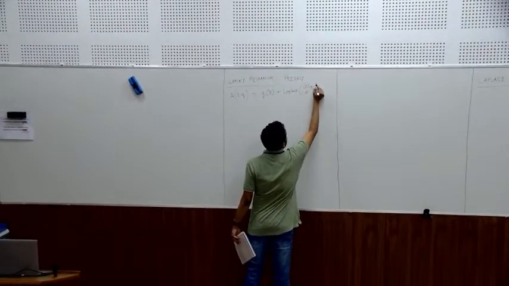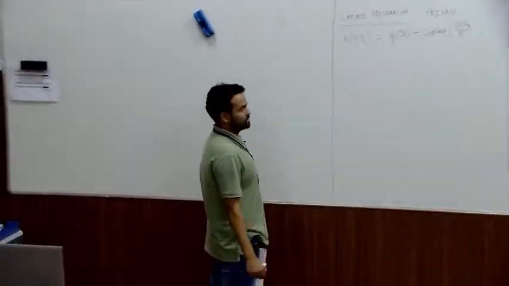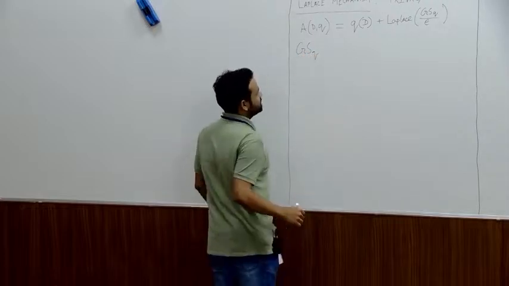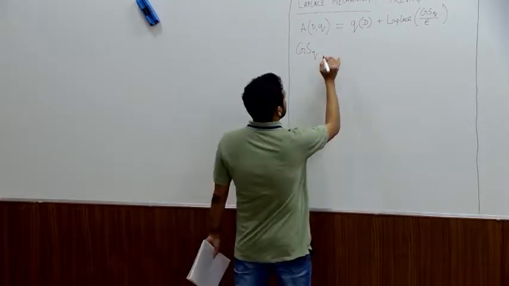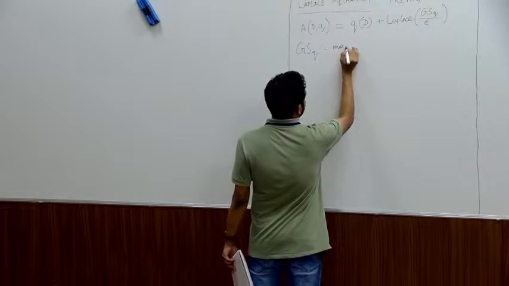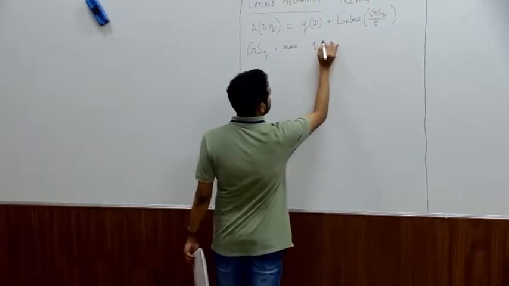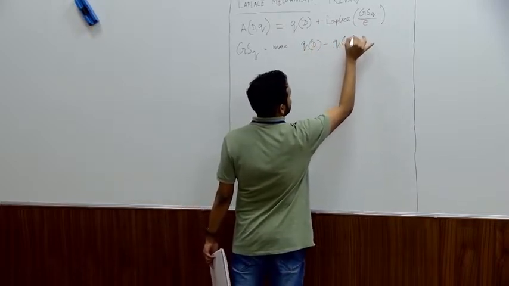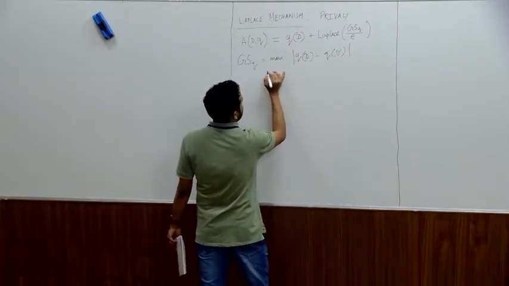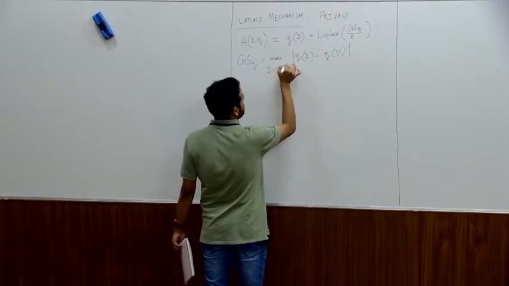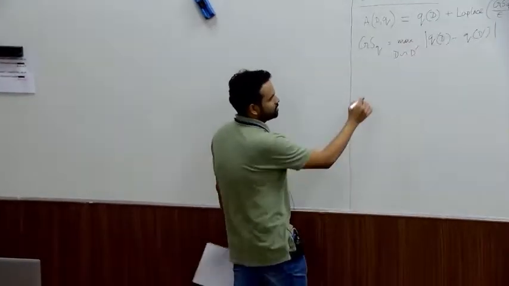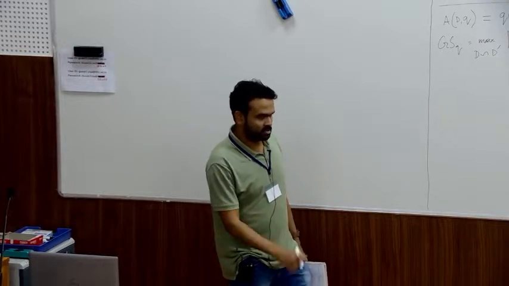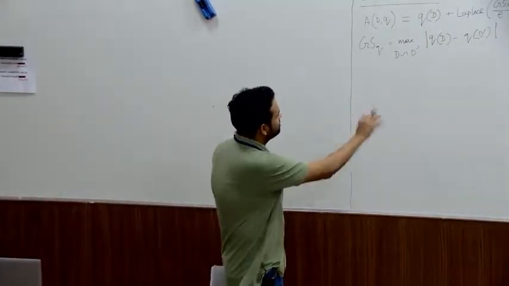Global sensitivity of a given query Q is the maximum difference between the query value for two datasets D and D dash which are neighboring, that is, they differ in only one entry. This is the definition of global sensitivity and this is your mechanism.